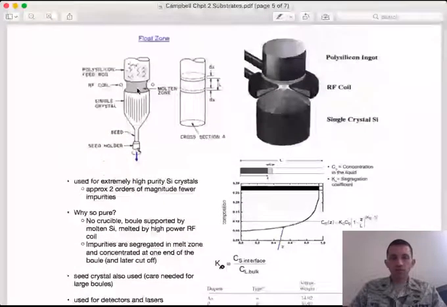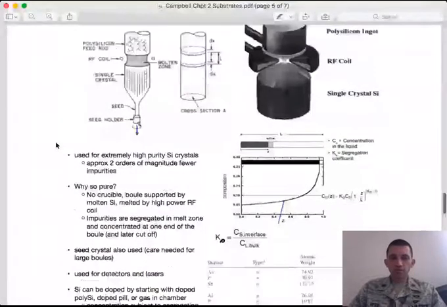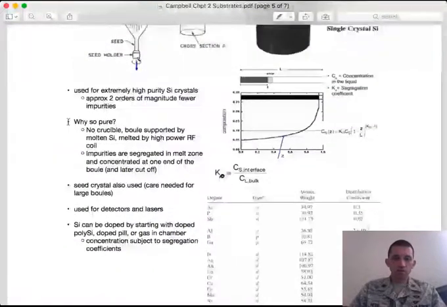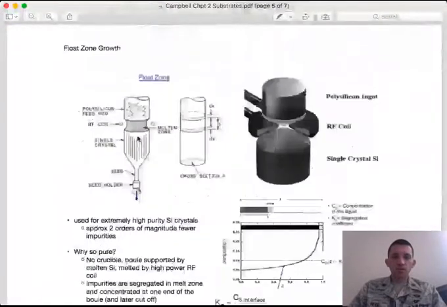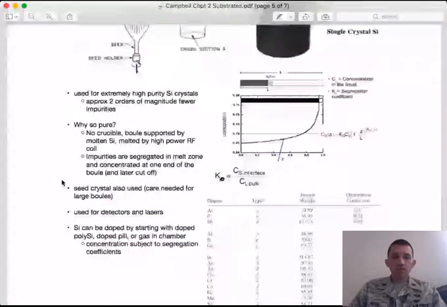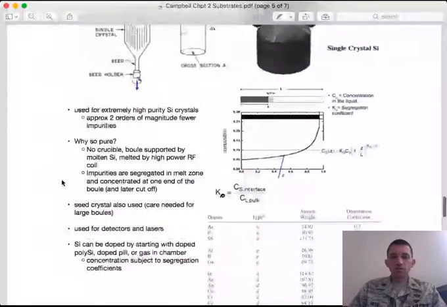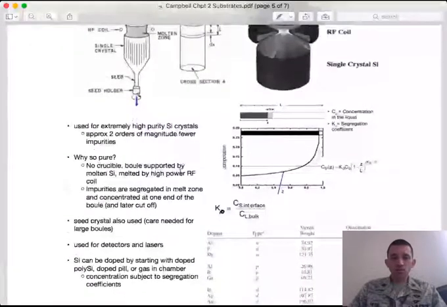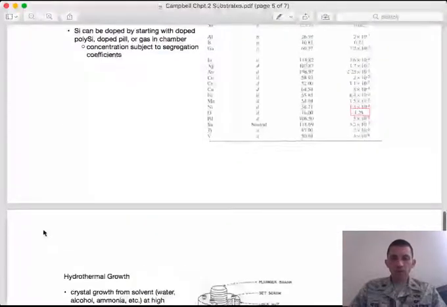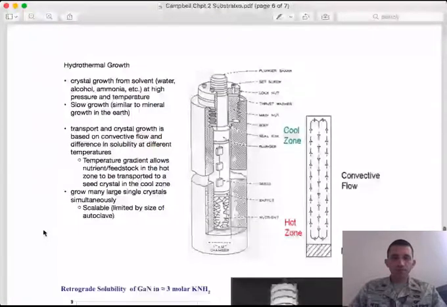So part of the polysilicon feed rod would be a pill with a higher concentration of your impurities, or you could have gas in the chamber that diffuses in from the outside. But because of these distribution coefficients, or these segregation coefficients, getting a consistent concentration is more difficult across the whole crystal.